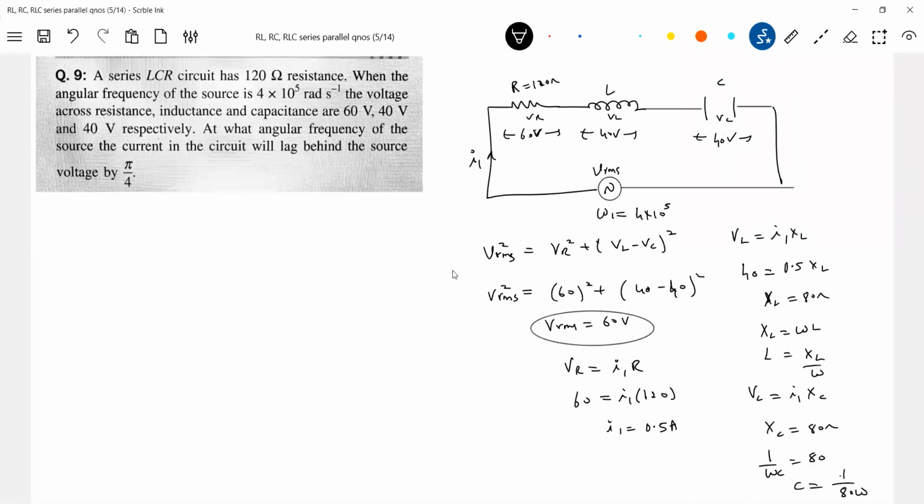Directly what is given is going to give us the phase angle. Lag means what happened? XL should become greater than XC. I'm rounding off like this.